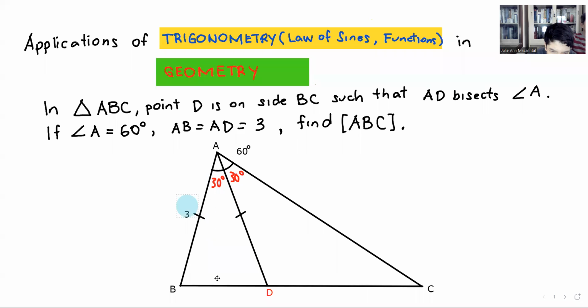This triangle BAD is an isosceles triangle because it has equal sides. We can now say, let's make this angle x, that 180 degrees equals 30 degrees plus 2x. If we solve that, we get x equals 75. So this is now 75 degrees.